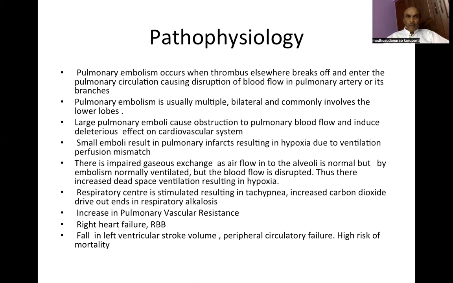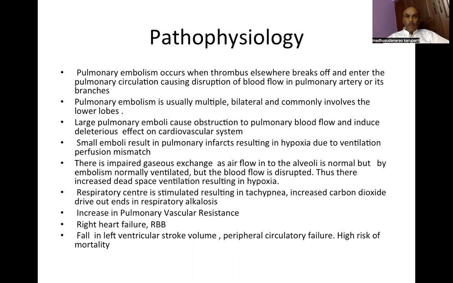Well, large central embolism causes obstruction to pulmonary blood flow, resulting in the deleterious effect on the circulatory system. That results in the acute right ventricular failure, resulting in the peripheral circulatory failure and shock, secondary to obstructive shock.